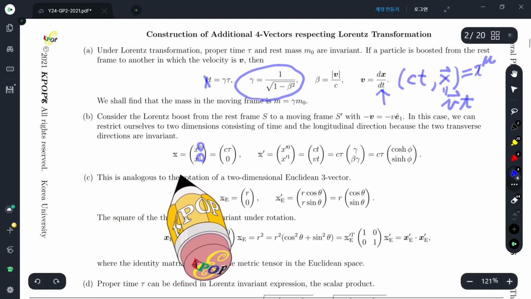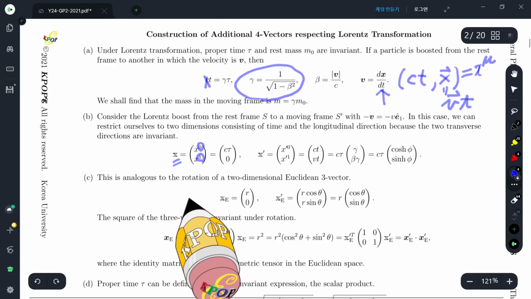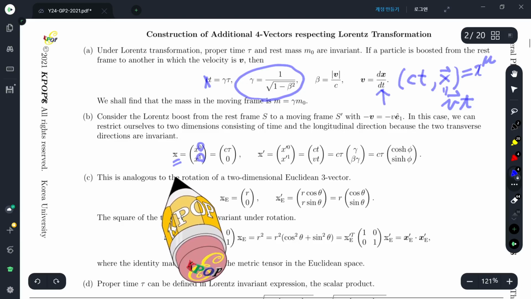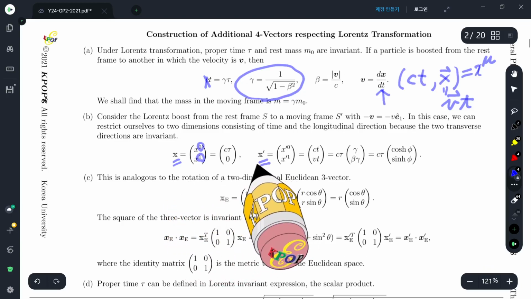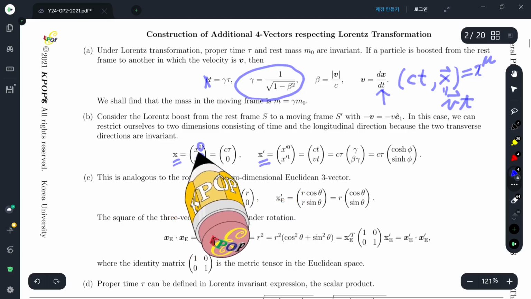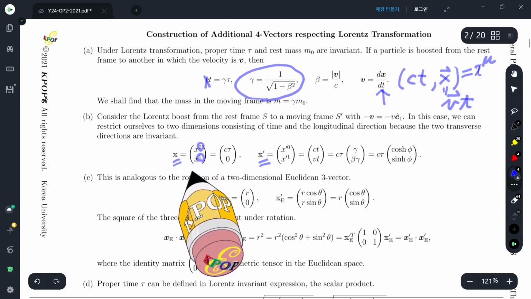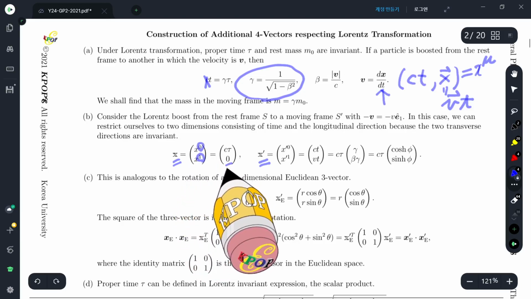In the rest frame, we use unprimed, and in the frame where the particle is moving with the velocity v, we use the primed system. The unprimed coordinates represent the space-time coordinates in the rest frame. Hence, there is no spatial component.